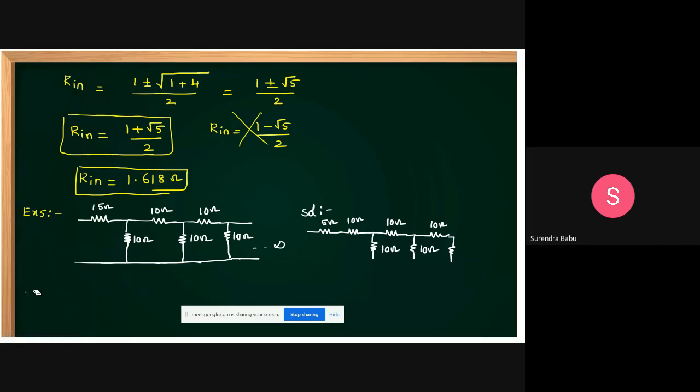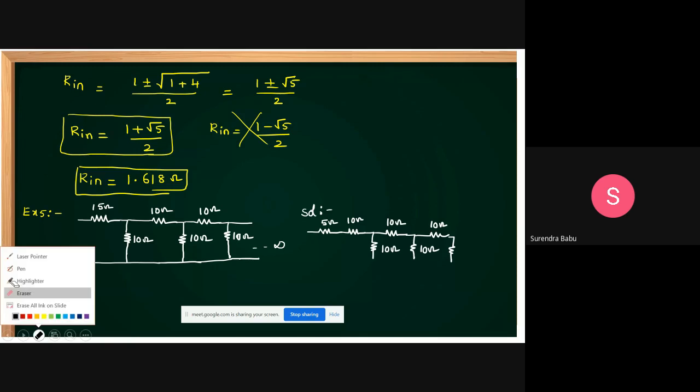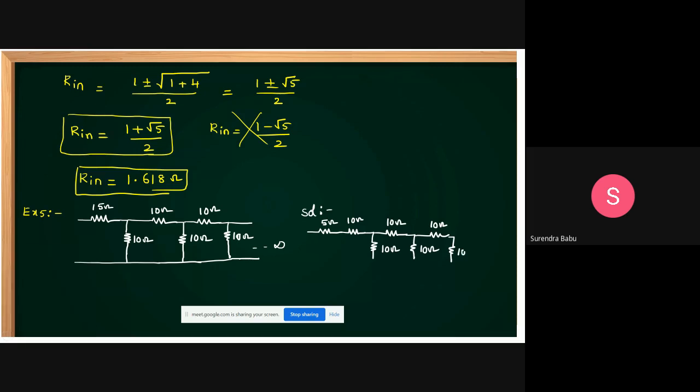Yes, friends. That 15 ohms I am writing is split like this. This is 10, infinity. Up to this you take an equivalent. This you take as Rn, students. What is Rn, sir?